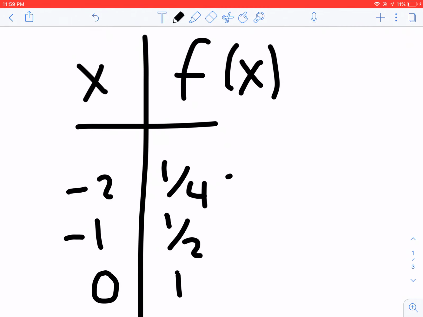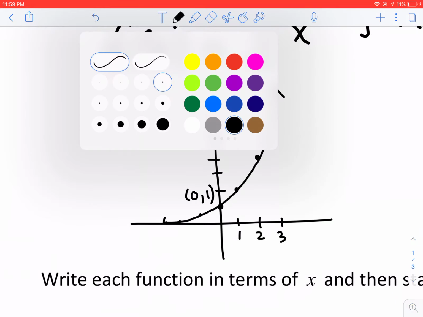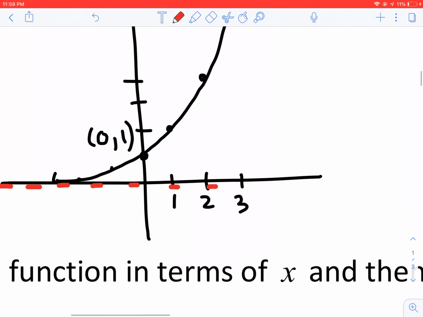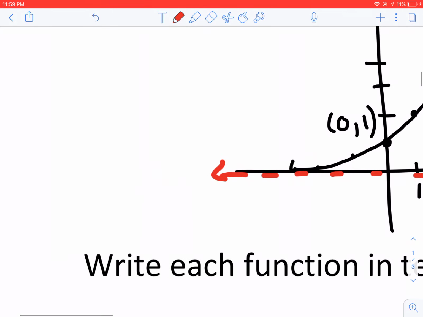So again, we're just going to keep dividing by 2. We're going to have an eighth, and then a sixteenth, and then a thirty-second. And so as x is approaching negative infinity, this function is getting closer and closer to this horizontal asymptote of y equals 0.